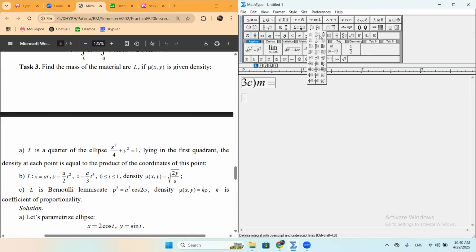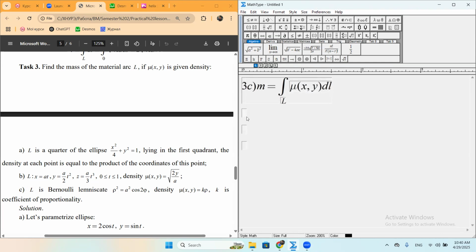Oh yeah, I erased the formula again, but nevertheless, I will restore it. The integral of mu xy dl.